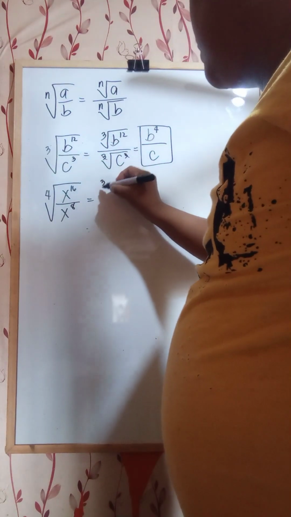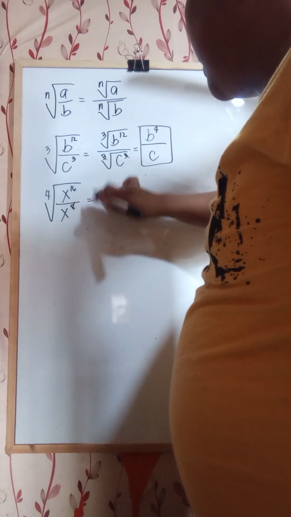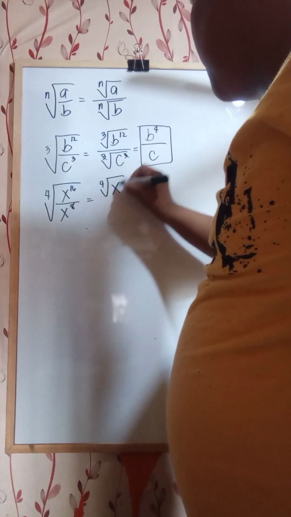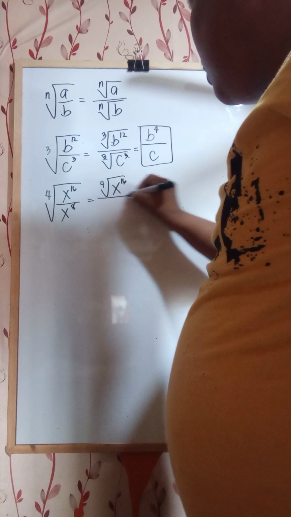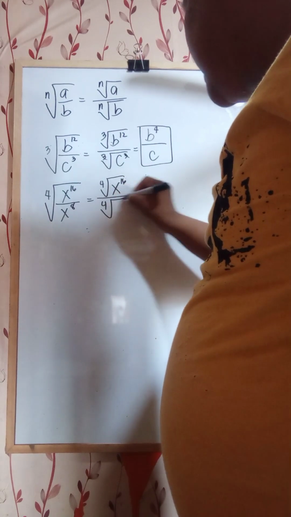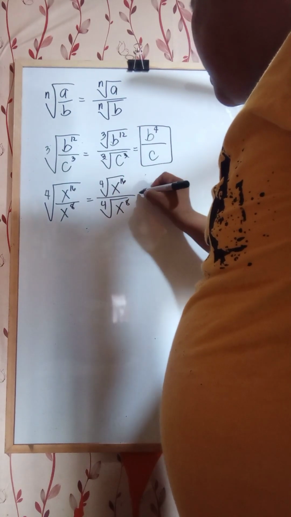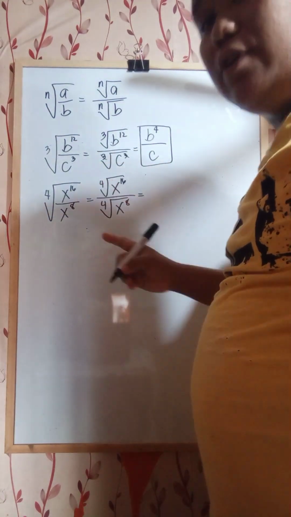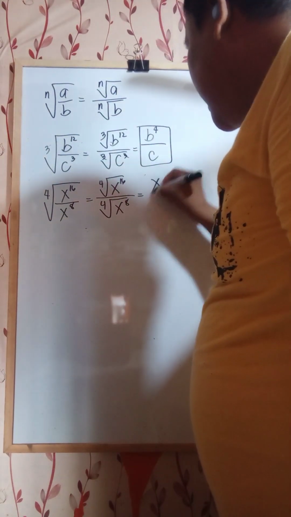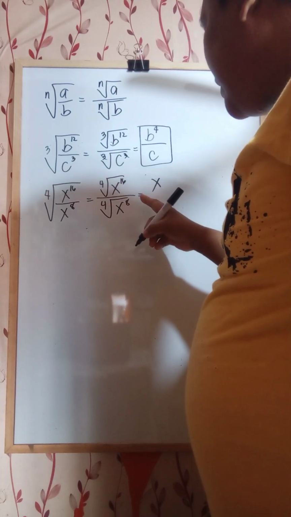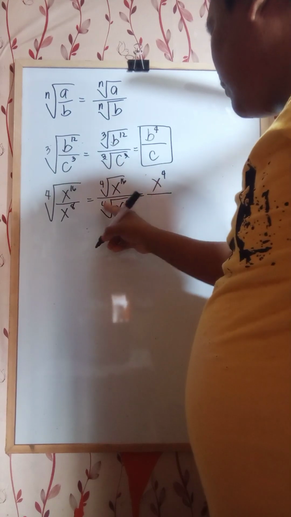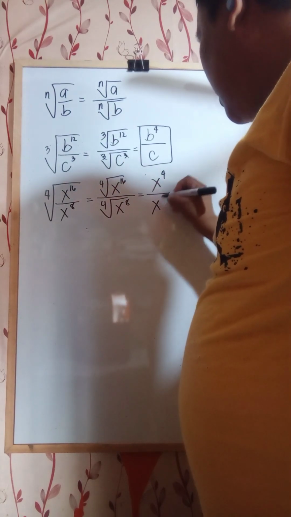So, that is the fourth root siya, sorry. Fourth root of x to the power of 16 over the fourth root of x to the power of 8. Then, we're going to divide 16 divided by 4, that is 4. Copy the x. Then, let's have to the power of 4. So, 8 divided by 4, that's 2. So, that is x squared.